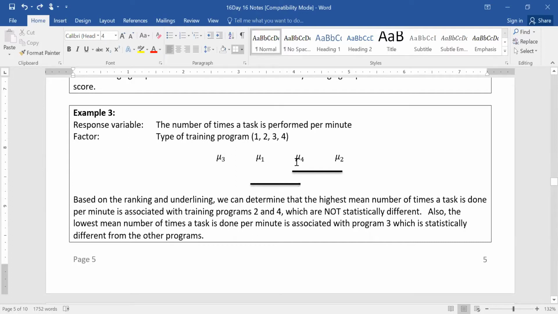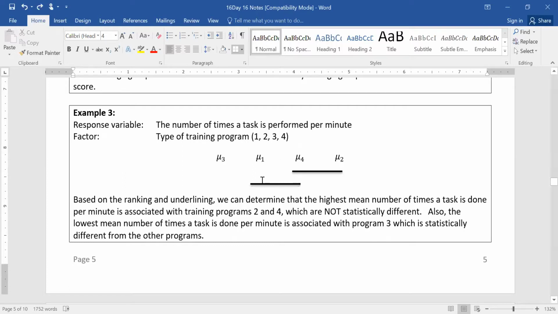What I want to mention is that group 2 has the highest amount of time, but look, it's underlined with 4. That means it's statistically the same as 4. So I can say that the groups with the highest amount of time are 2 and 4 because they're statistically the same as one another. Group 2 is different from 1 and 3, and group 4 is just different from 3.